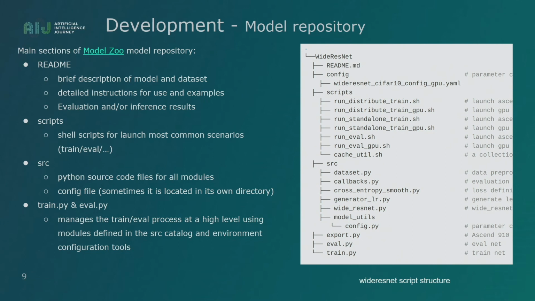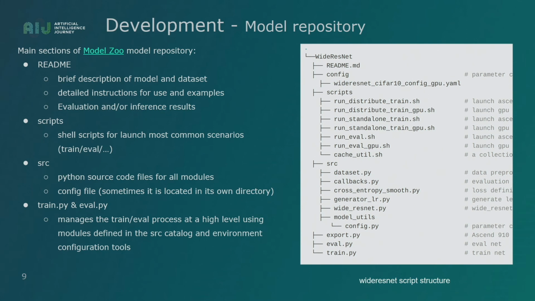So, the structure of a typical model repository on the MindSpore official website. We have a readme file that has a brief description of the model and the dataset, then detailed instructions on how to use the examples and how to do evaluation of models, and it shows the results of how it will be run. There's a section called scripts where you can find scripts for training.